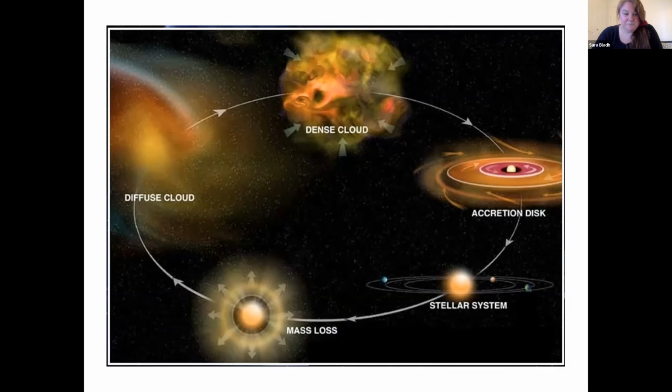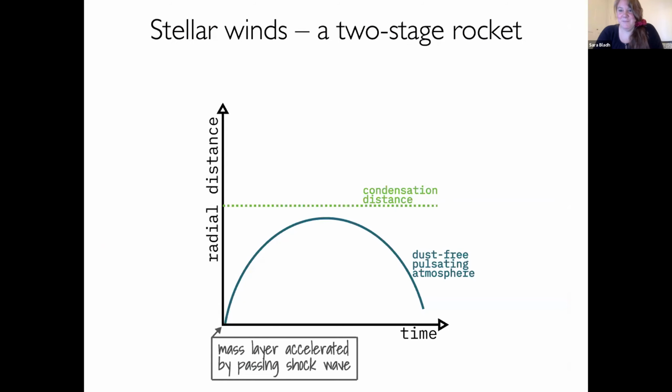I'm learning this now. So stellar winds are very important. And the general consensus in AGB research is that the mass loss mechanism of stellar winds is a two-stage process.